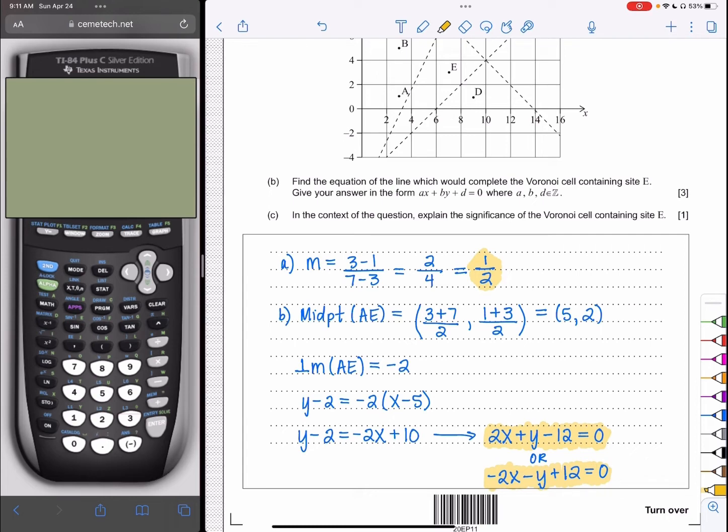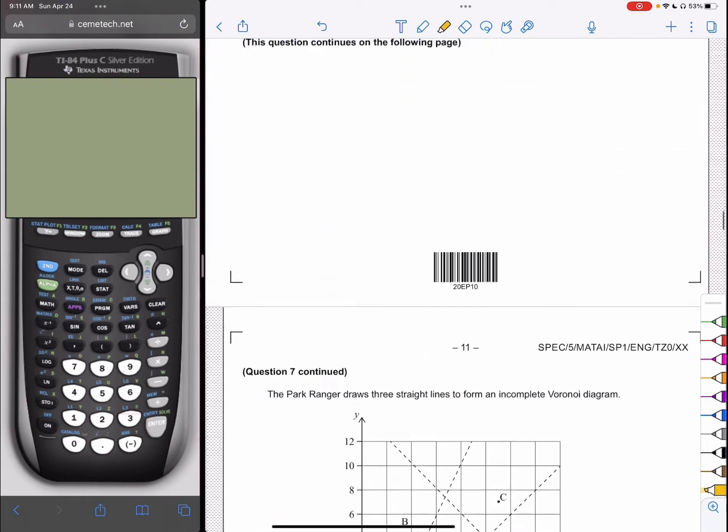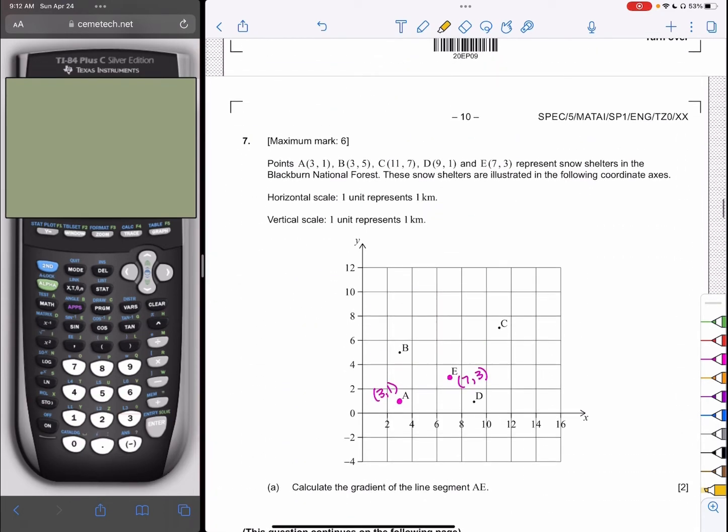Now for part C, they want us to explain the significance of the Voronoi cell containing site E. You have to remember that we are talking about the snow shelters at the forest.